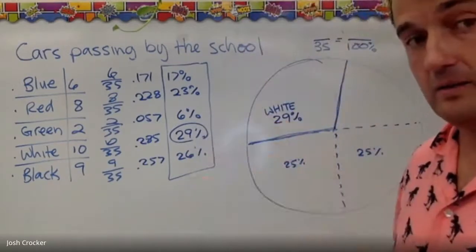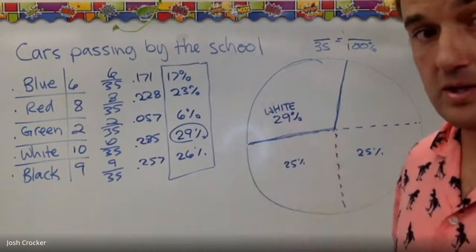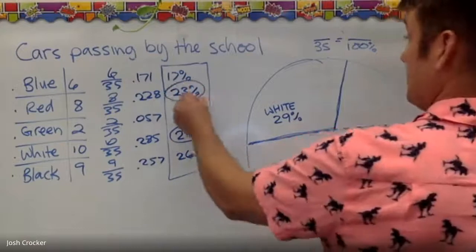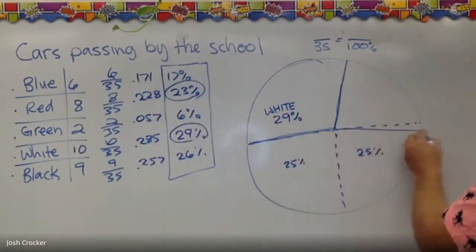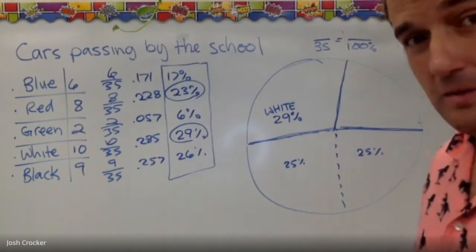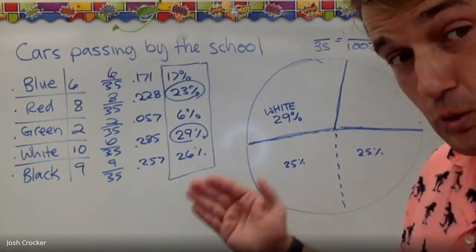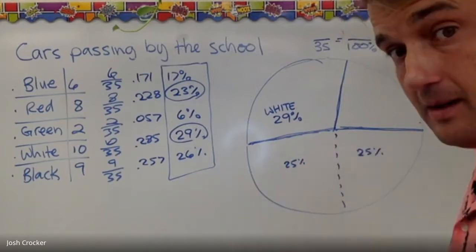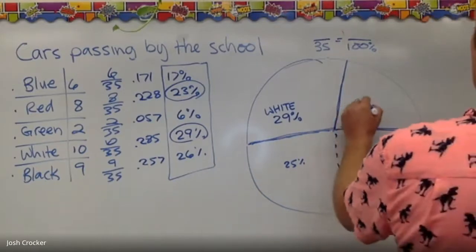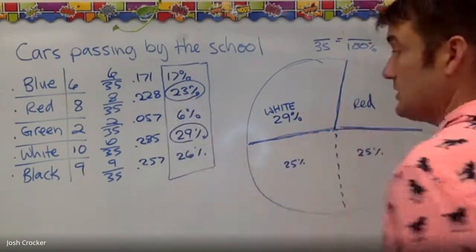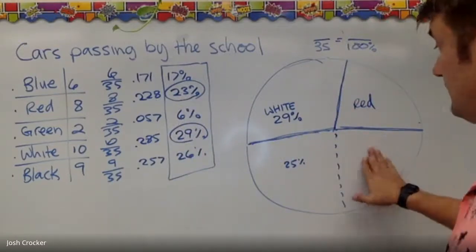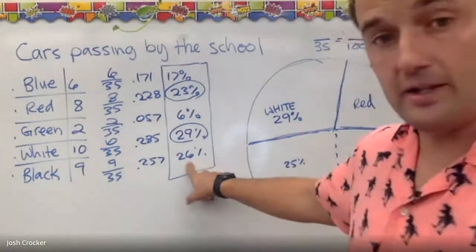Because a perfect fourth, a right angle, 1/4 is 25%. Now this, I'm going to make this be, so I went just a little bit over, because remember how I said 29 and 23 was 52? I want it to be just a touch more than half of my total pie. That's going to be my red. Okay, so I've done those two. Now, I know I still need to do black.